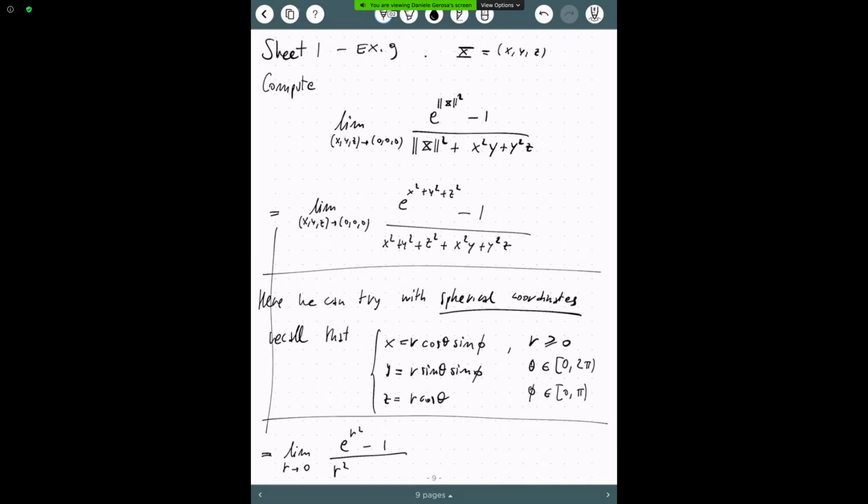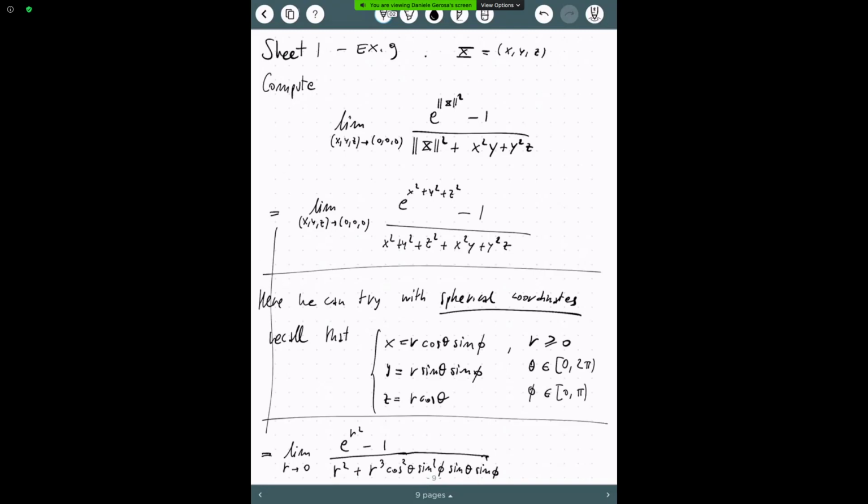we have something a little bit more complicated. Let's see, we have r to the power of 3, and then we have cosine to the power of 2 theta, sine to the power of 2 phi, times sine theta sine phi again, right?